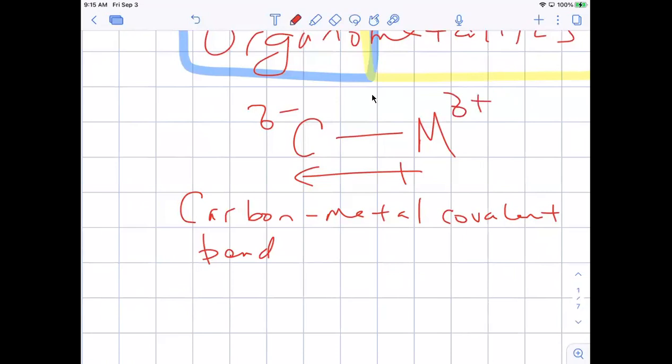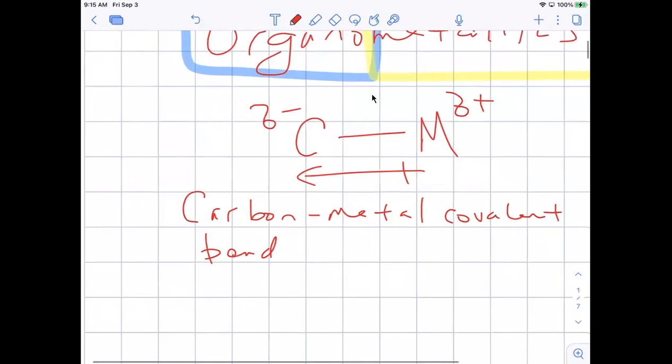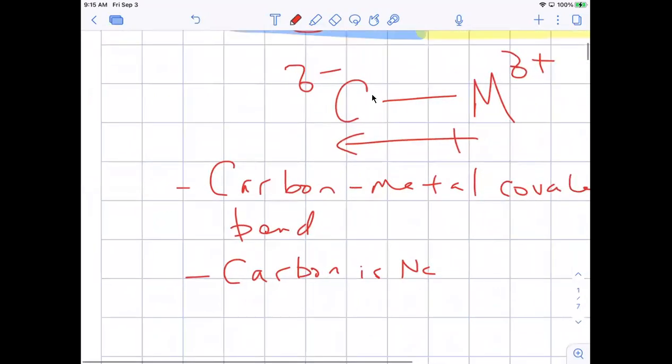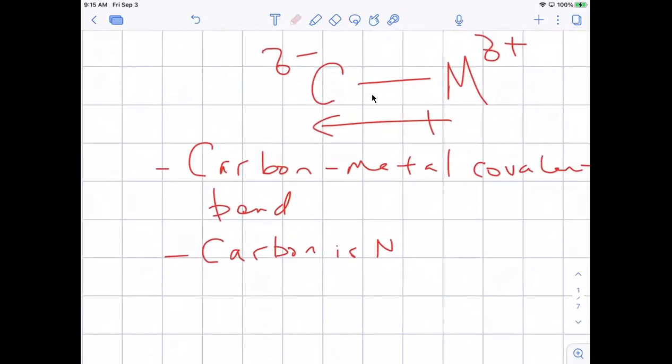So the dipole is going towards carbon, and it is a type of carbon nucleophile. Right, so carbon is nucleophilic.